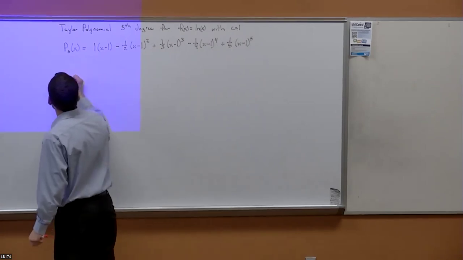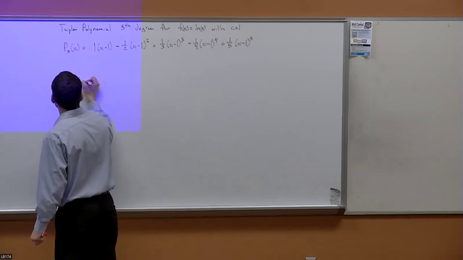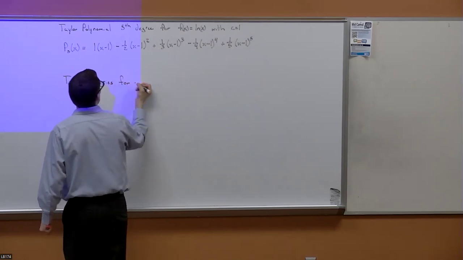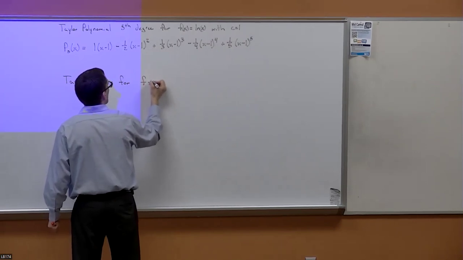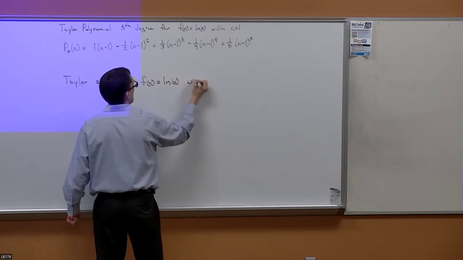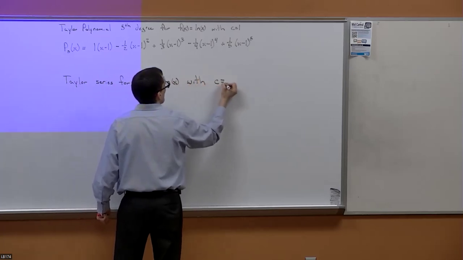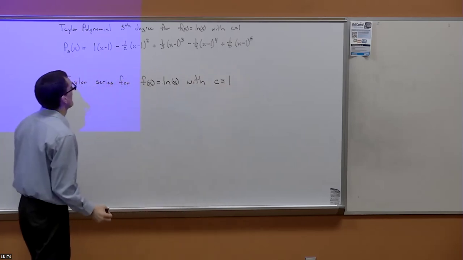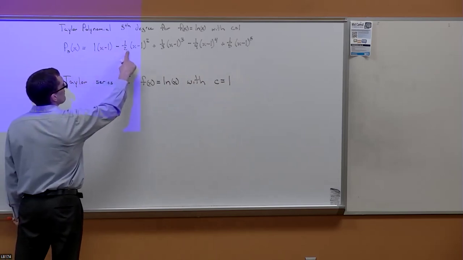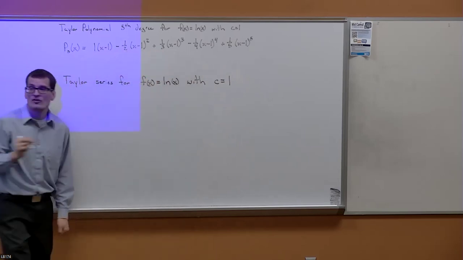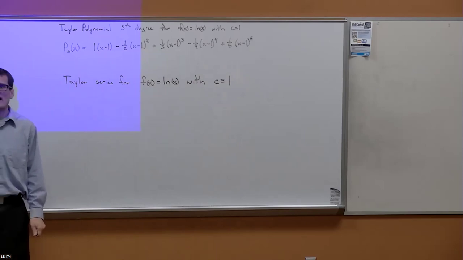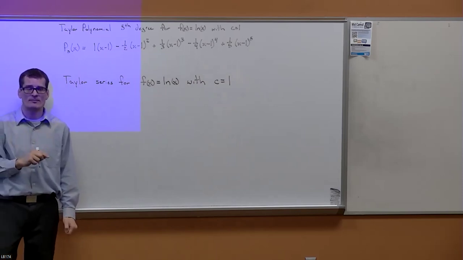If I said, let's find the Taylor series for natural log of x with center of 1, what I would do is look for the pattern and try to write it down in infinite series form.